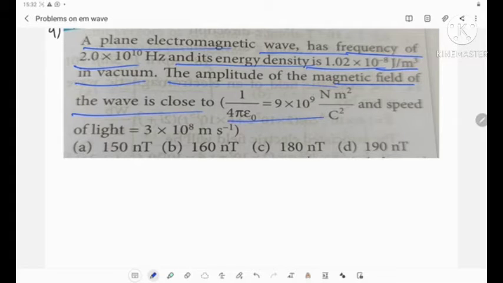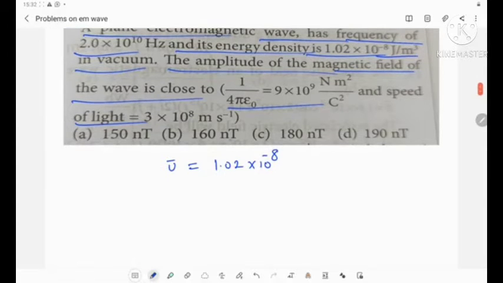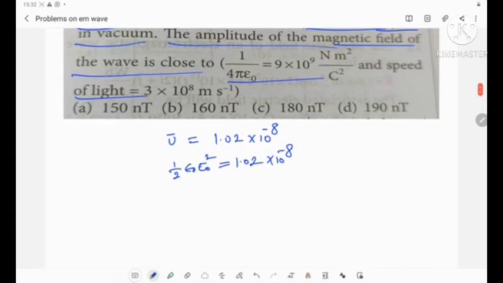Here this is 1 by 4 pi epsilon value, and the speed of light is given. Here energy density, this U bar is given as 1.02 into 10 to the power of minus 8. But energy density is 1 by 2 epsilon naught E naught square is equal to 1.02 into 10 to the power of minus 8.